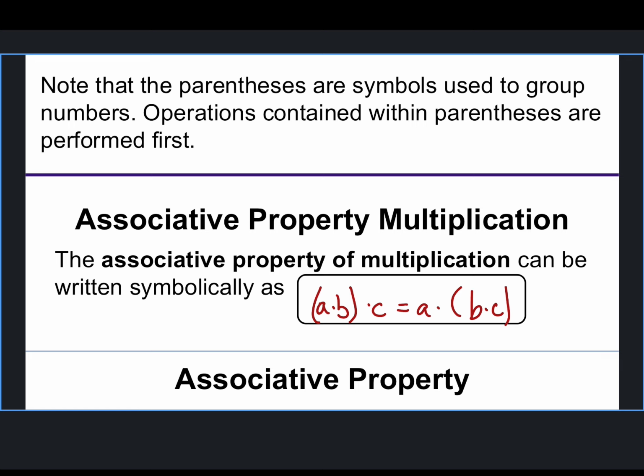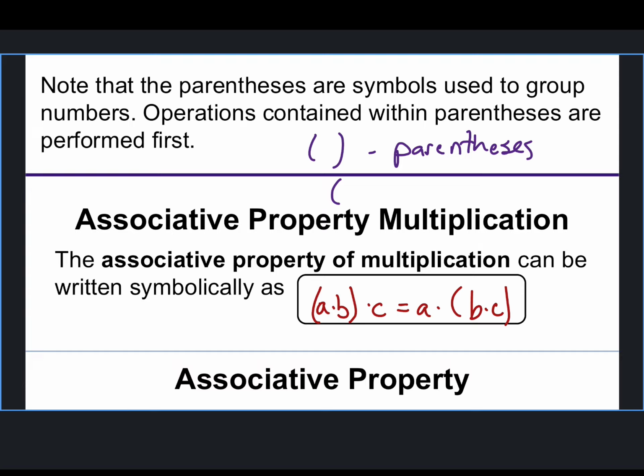They come in pairs. If you have one, does anyone know what it's called? If you have a pair, those are a pair of parentheses. What if you just had one? You always go back to that, don't you?